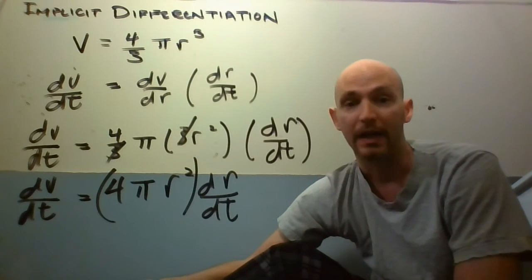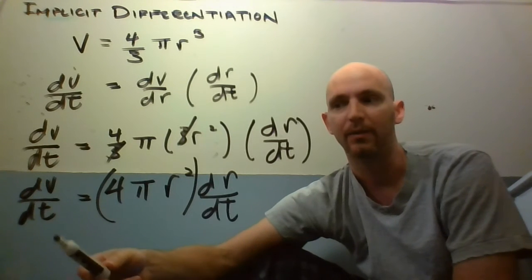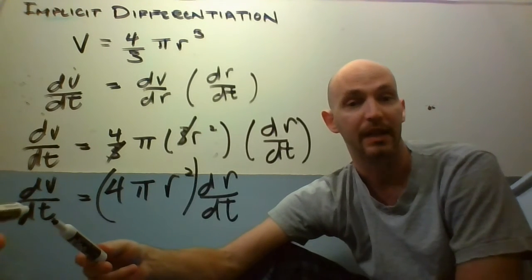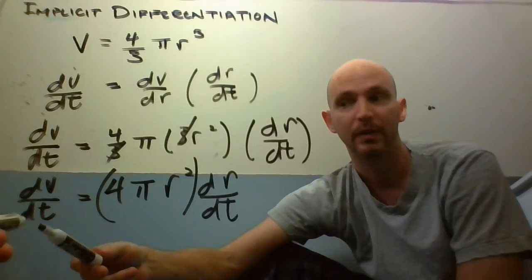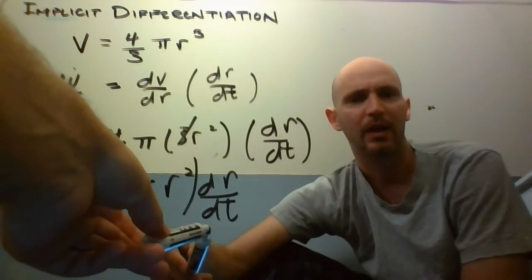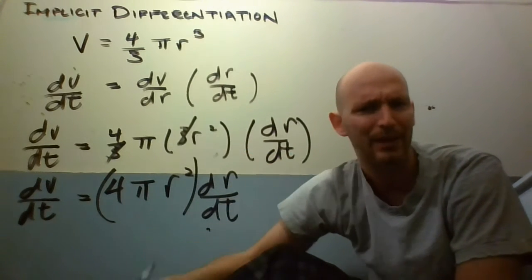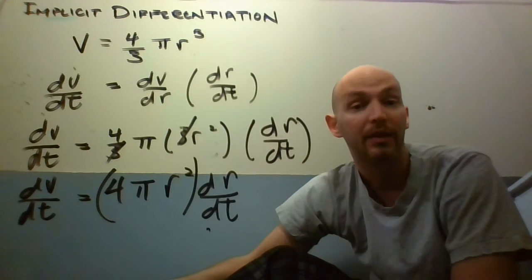So if you can do that, and then we can ask each other a whole bunch of questions, like if I were dumping 5 liters per second into this balloon, you put a 5 here, and then ask you how is the radius increasing? Well, you notice that this r is still there. You have to fill in the specific value.